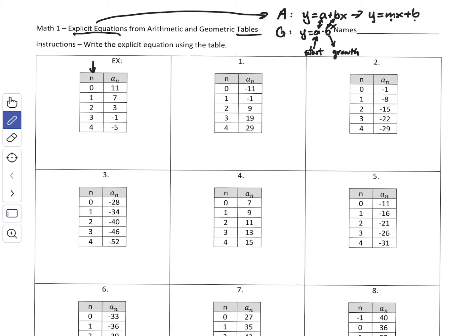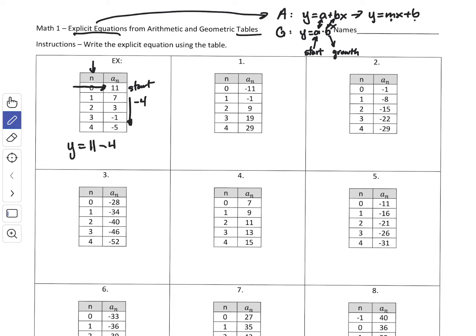So the main idea here is that we notice the start number, where our input is 0, that's our start number, and then our growth as we go down, which in this example we're subtracting 4 each time.